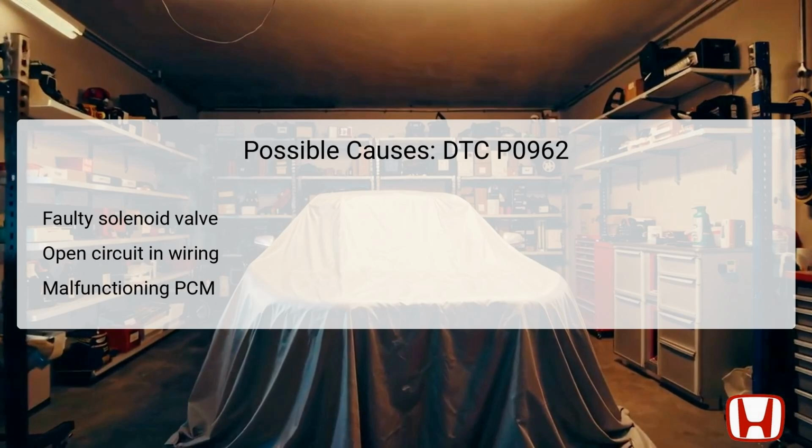Furthermore, the PCM, powertrain control module, may not be functioning correctly, leading to incorrect data processing and output, which impacts the valve operation. Identifying the correct cause is crucial for rectifying this issue and avoiding unnecessary component replacements.